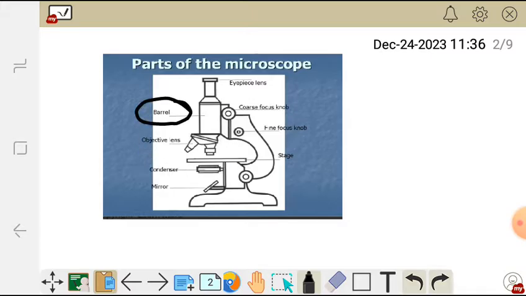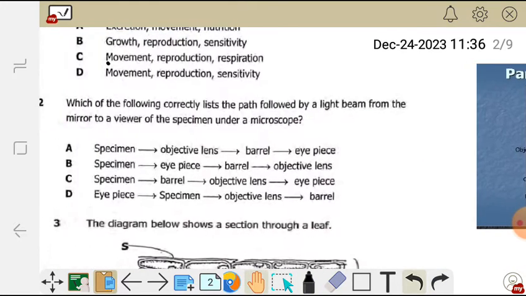That is the correct order. The eyepiece is last, and second last is the barrel. So let's get back to our question. The correct path is from the specimen, then the objective lens, then the barrel, then the eyepiece. So the correct answer here is A for question 2.